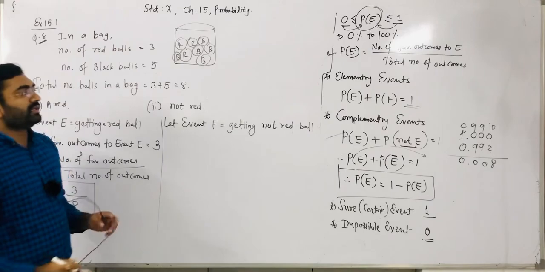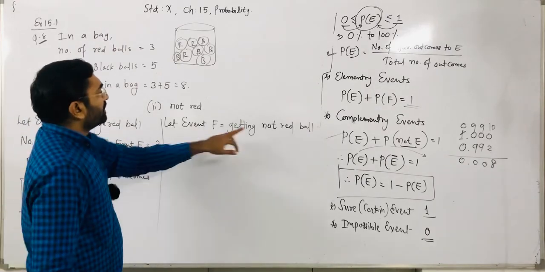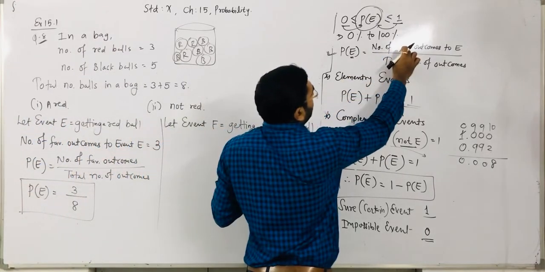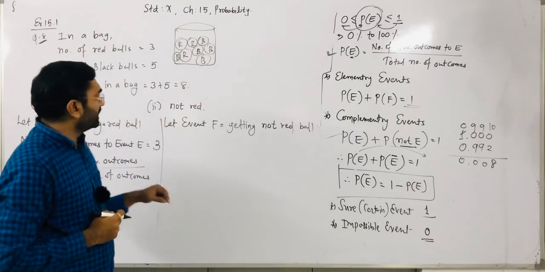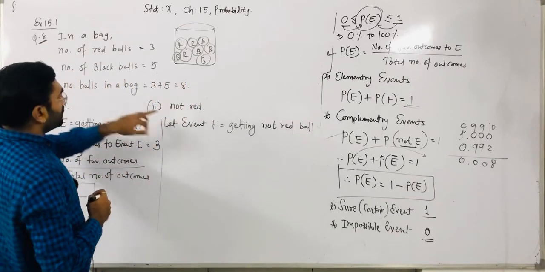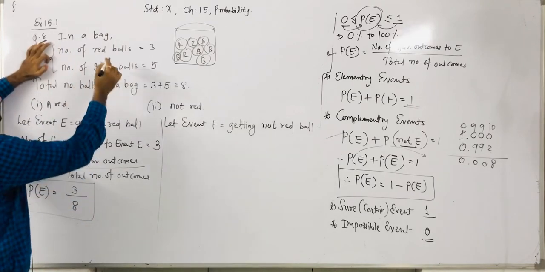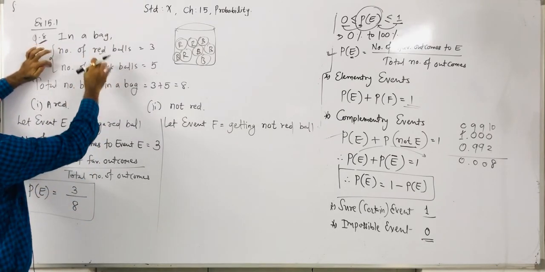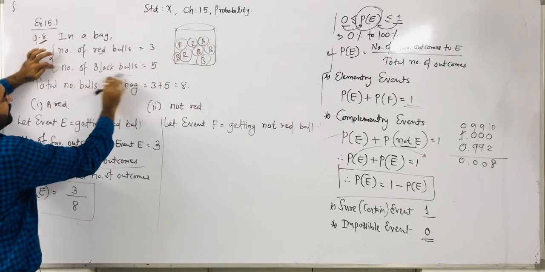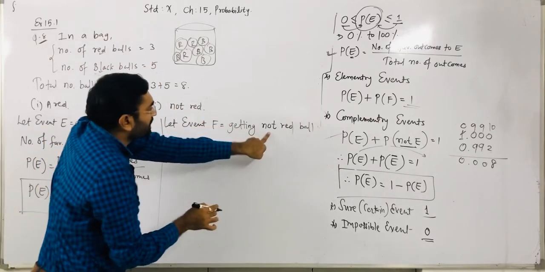Okay, not a red ball we are getting. It means we have to write its favorable outcomes in the numerator of that event's probability, right? So not a red ball means what? There are two types of ball, red and black, right? Not a red ball means you get only a black ball, right? So its favorable outcomes we have to write.